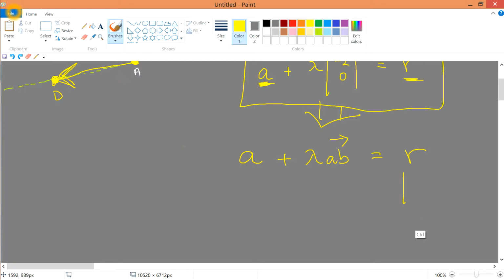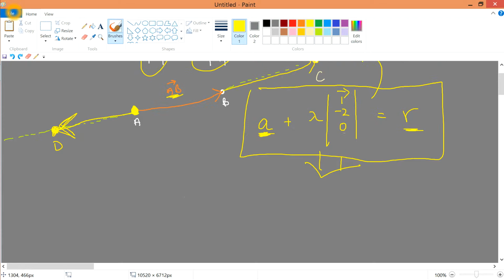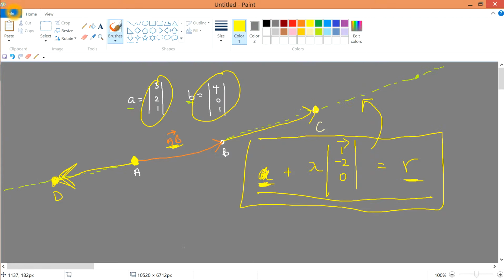So this is generally the key concept of our equation of a line. For this case, this is a good equation of a line already. Actually, I forgot to replace A with its coordinates.